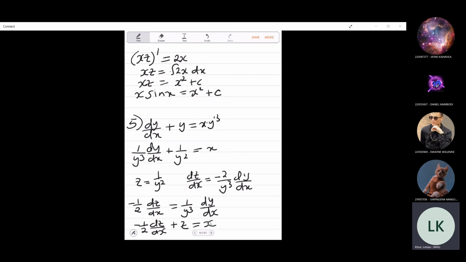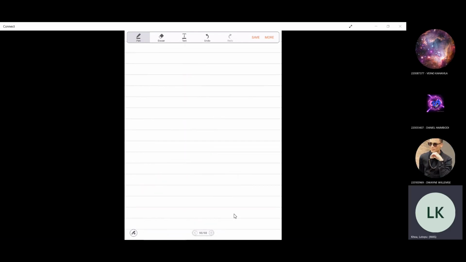So as it is, it's still not in linear form because we need the coefficient of our derivative here to be 1. So that's easy to fix because this is a constant. We just multiply by negative 2 throughout. So we have dz/dx minus 2z is equal to minus 2x. So now it is in linear form. We can find our integration factor.